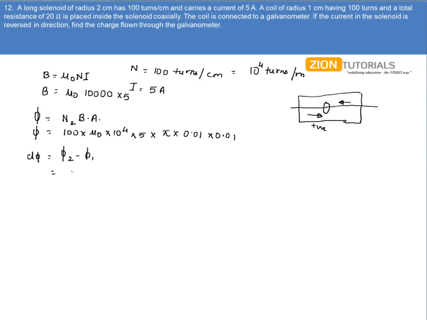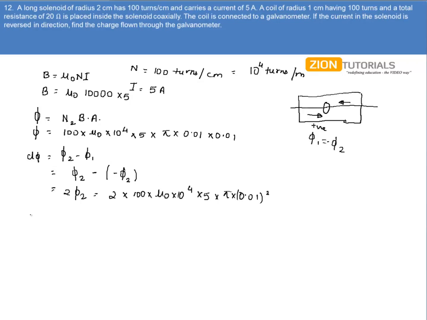So phi 2 will be positive and phi 1 will be equal to phi 2 but with a negative sign because the direction is reversed. So phi 1 can be written as minus of phi 2. The change is equal to 2 times phi 2, that is 2 times 100 into mu naught into 10 to the power 4 into 5 pi 0.01 whole square.